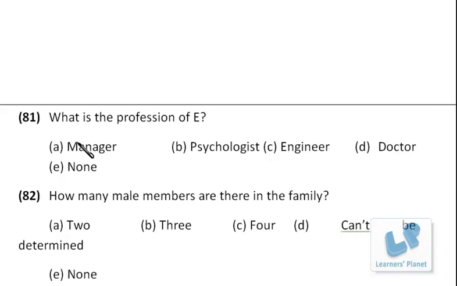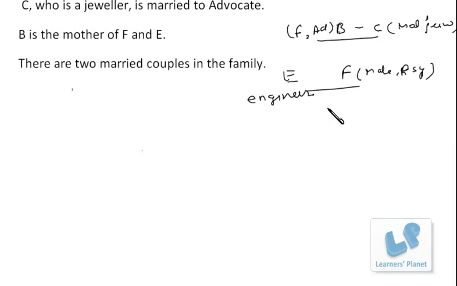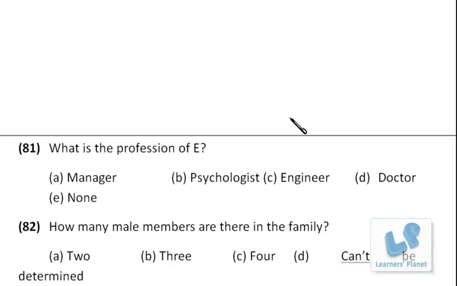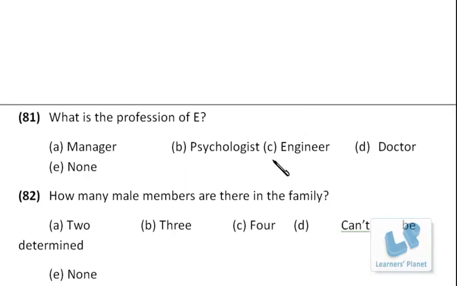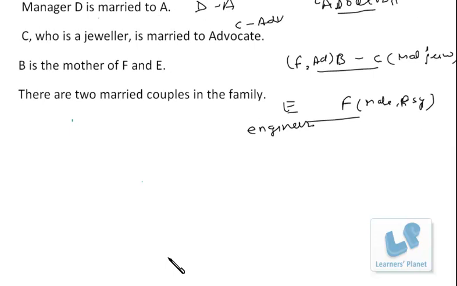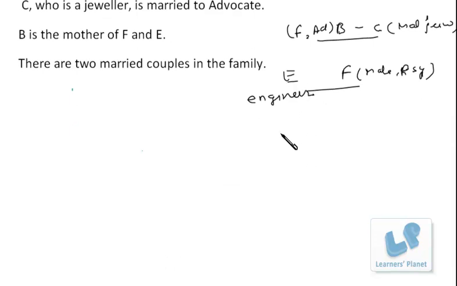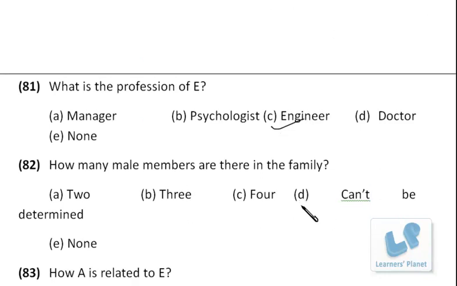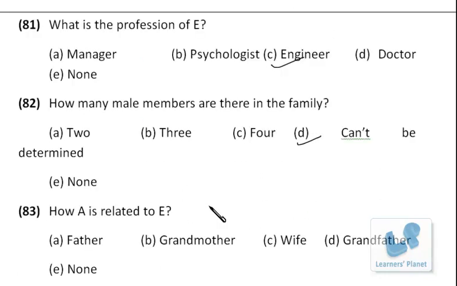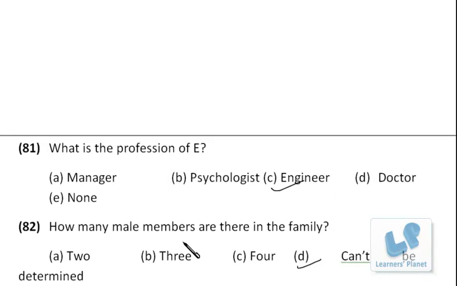Now the question is, what is the profession of E? E's profession is engineer, right? So we mark engineer. How many male members are there in the family? Now we can't find it out because we do not know whether E is male or female. So it can't be determined. The next is, how is A related to E?